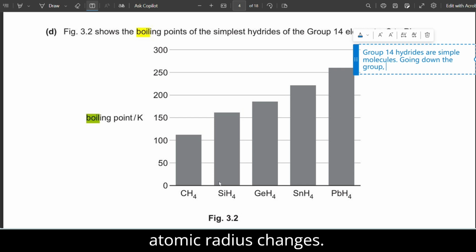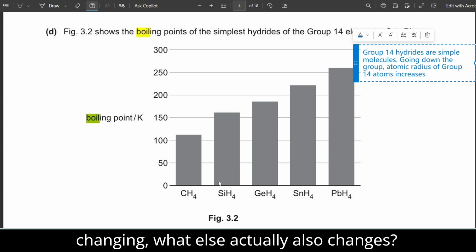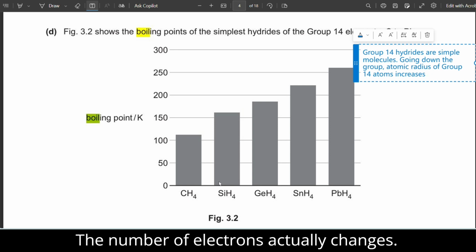The atomic radius changes. Alright, besides the atomic radius changing, what else also changes? The number of electrons changes.